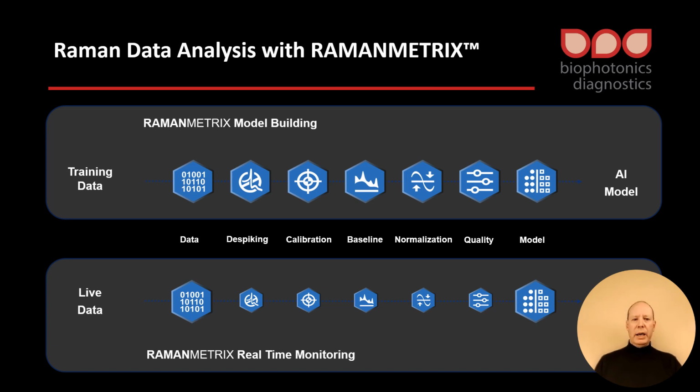It takes the live data imported to the RAMANMETRIX backend, doing every step of the analysis pipeline, and at the end applying the model to do a prediction of the class of the sample or the quantitative result.